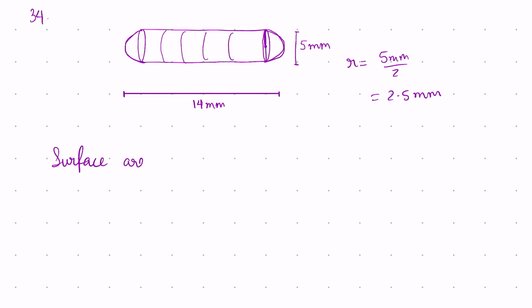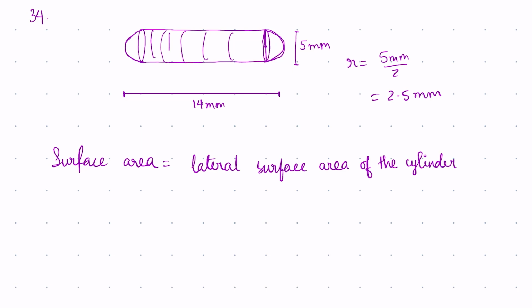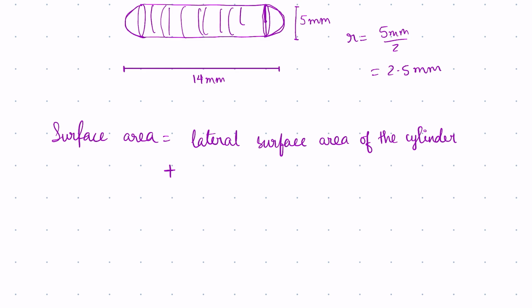Surface area is equal to the lateral surface area of the cylinder, so that is this part, plus the curved surface area of the two hemispheres.